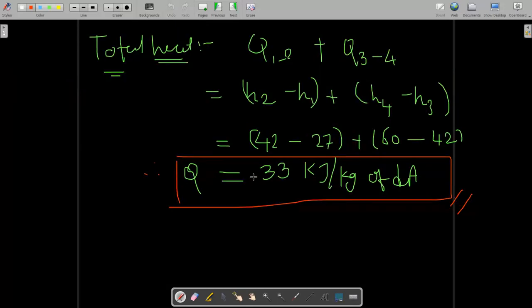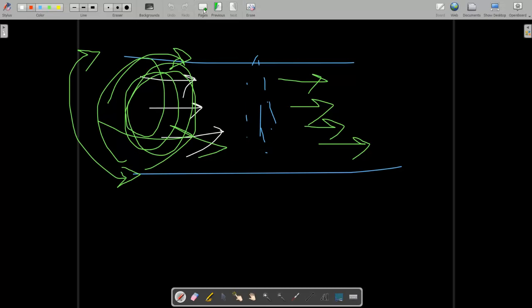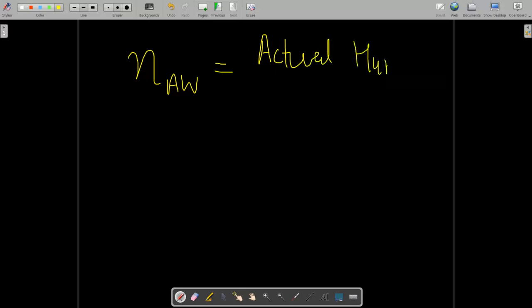So how can we write the efficiency equation? The efficiency of the humidifying coil or air washer is known as actual humidification upon ideal humidification.